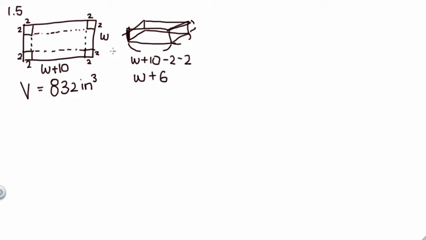So we found one side, and then the other side comes from here. Right, just this section. So if the entire thing is W and we cut off 2 2-inch sections, it's going to be W minus 2 minus 2, which is going to be W minus 4. So we have those 2 dimensions, and now we need the height.